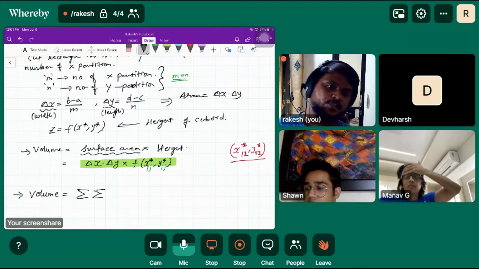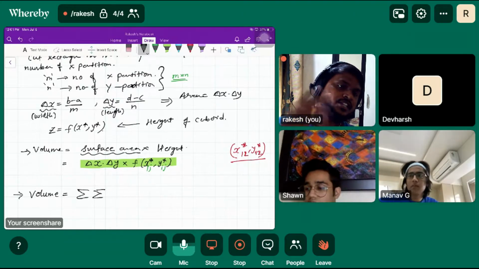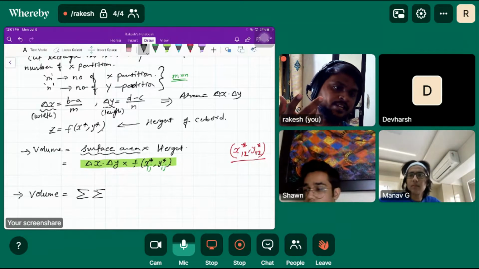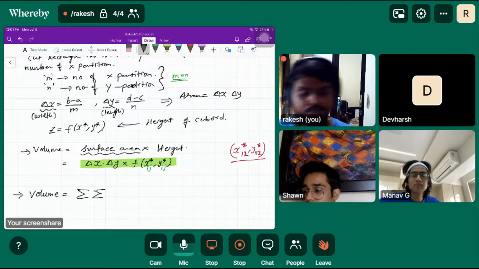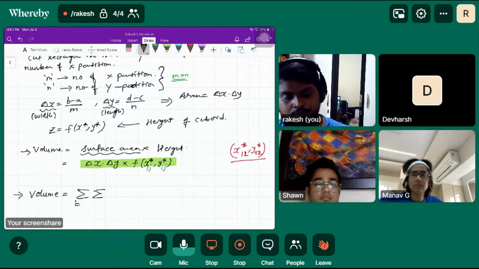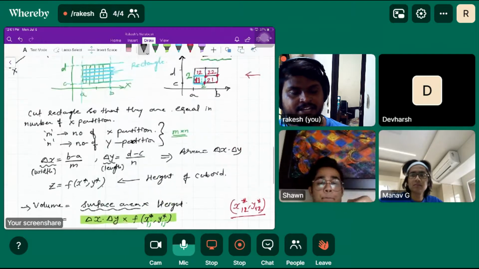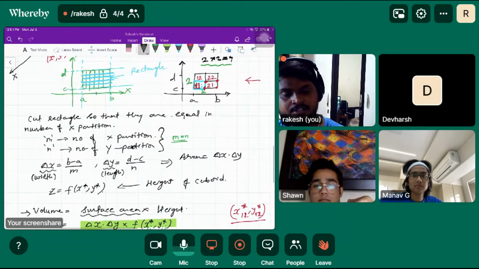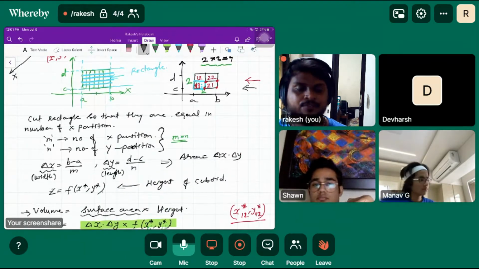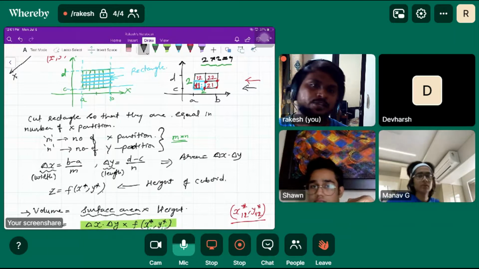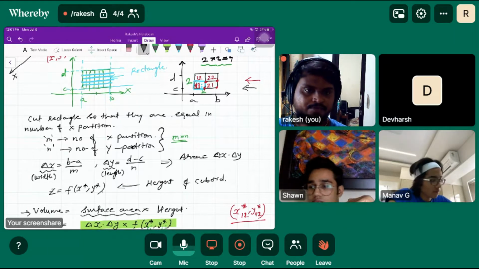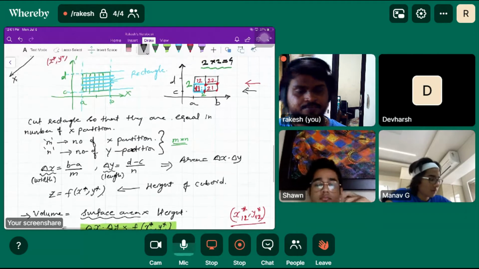Double summation, because i is also increasing, j is also increasing at the same time, right? If you look at this diagram, i is increasing from 1 to 2 and j is also increasing from 1 to 2 in this case, isn't it?